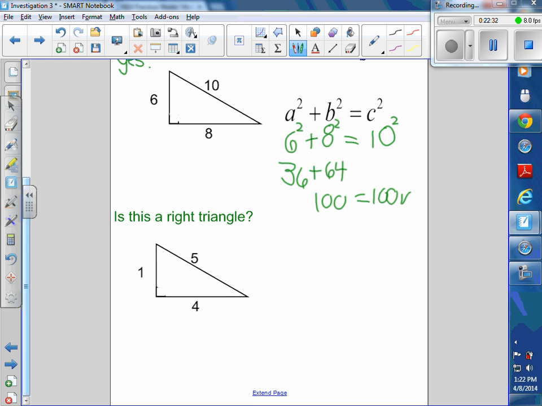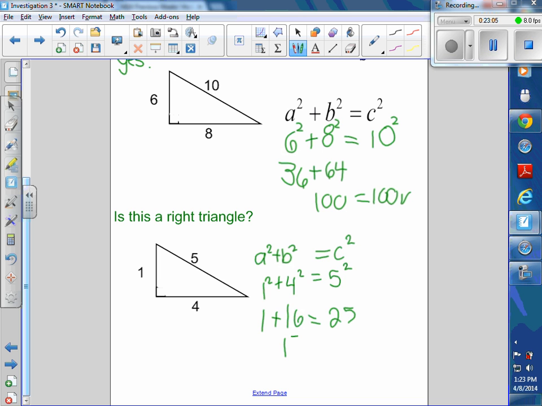Is this a right triangle? So the hypotenuse would be what? 5, right? So you would still be checking a squared plus b squared is equal to c squared. So you'd say, is 1 squared plus 4 squared equal to 5 squared? 1 plus, what's 4 squared? 16. 17.